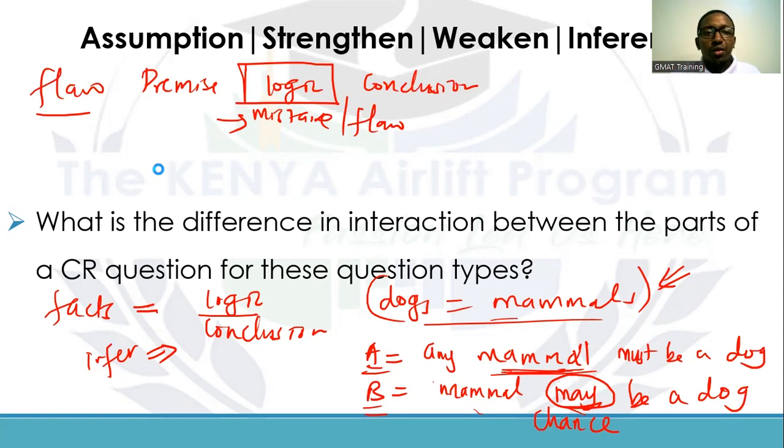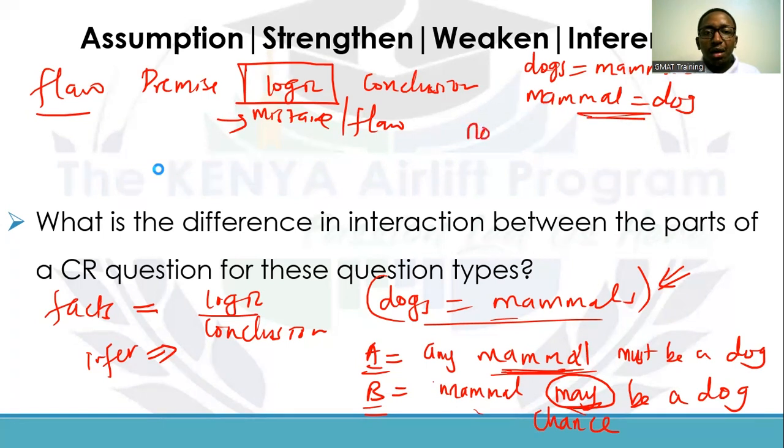You are given a flaw question that has the logic that we had: dogs are mammals, and then any mammal is a dog. Flaw questions require you to identify what flaw is there in drawing this conclusion. The flaw here becomes that not all mammals are dogs.